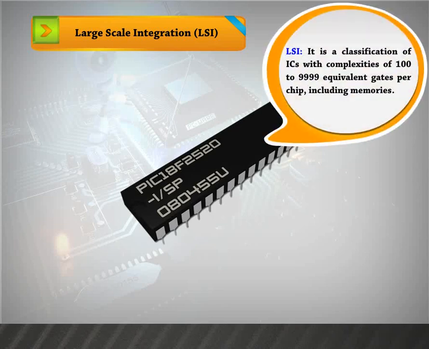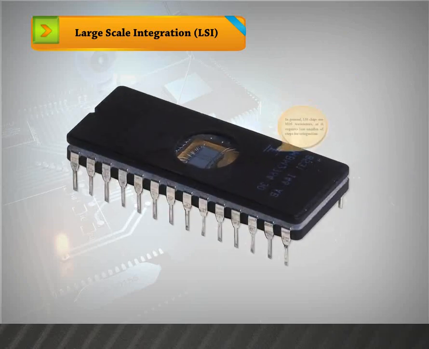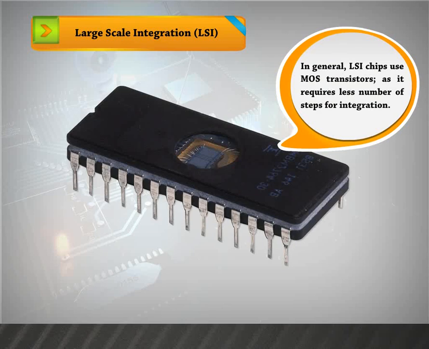Large-scale integration (LSI) is a classification of ICs with complexities of 100 to 9999 equivalent gates per chip, including memories. In general, LSI chips use MOS transistors as it requires fewer steps for integration.